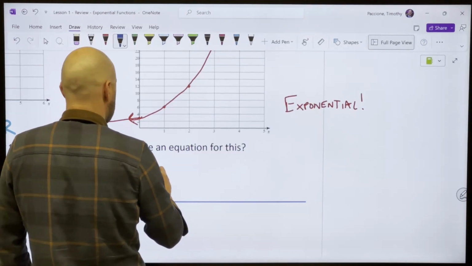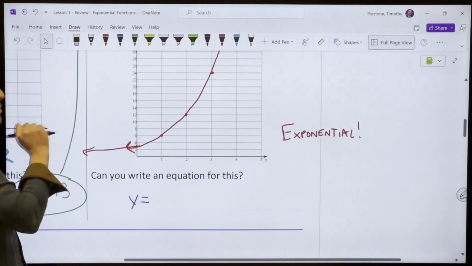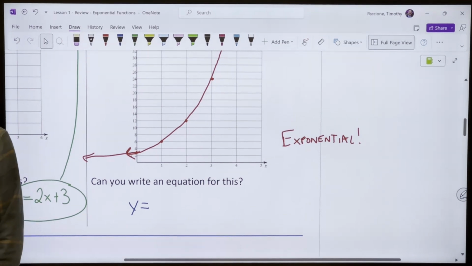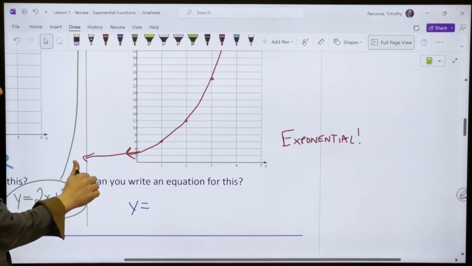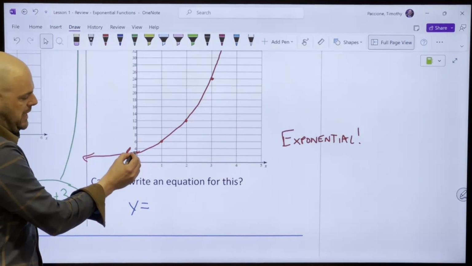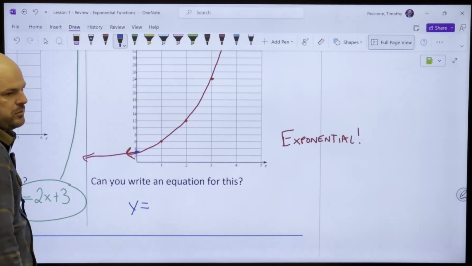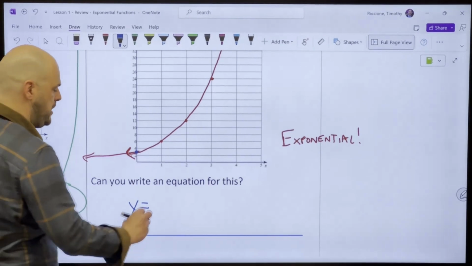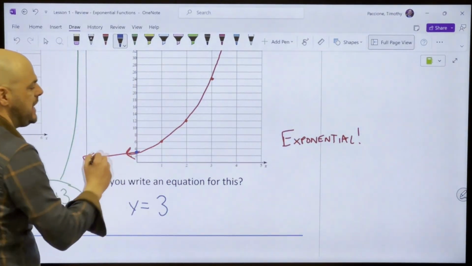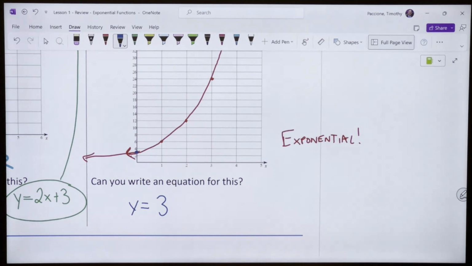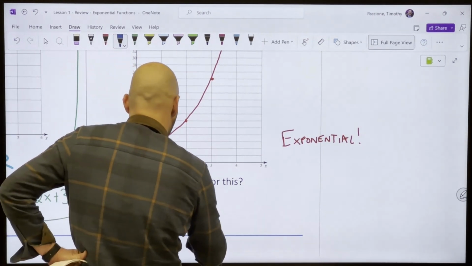Okay, so let's say we don't even know the rule, but what's happening here? Where did this thing begin? What is this first point when x was 0? 3. And then how did we get to the next point? We multiplied by 2.